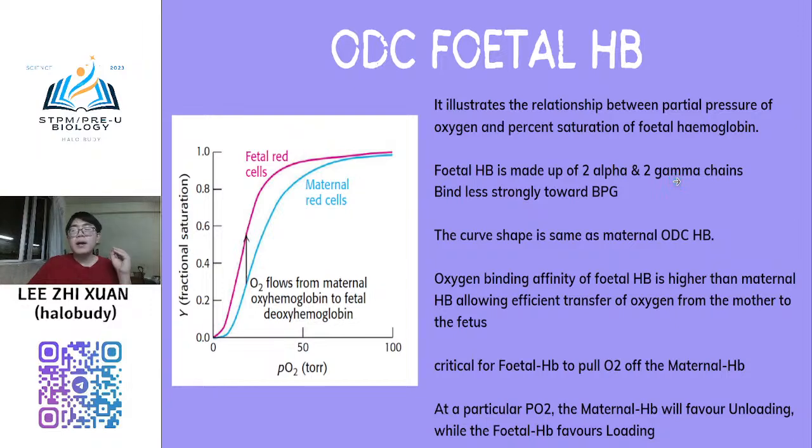If you still remember, adult hemoglobin is 2 alpha and 2 beta, but the 2 beta for fetal hemoglobin is replaced by gamma. This kind of structure will result in this kind of curve.